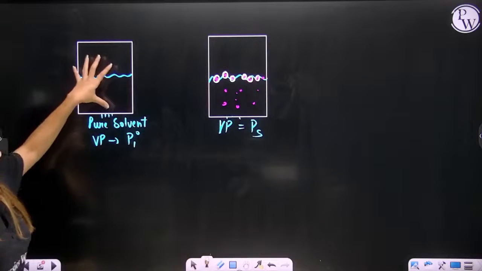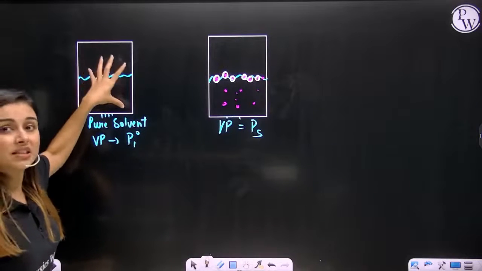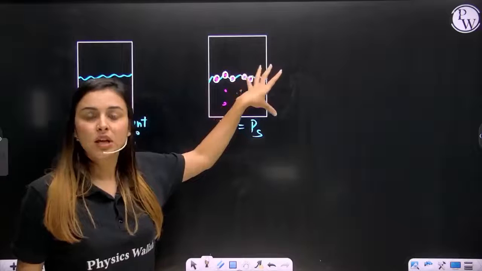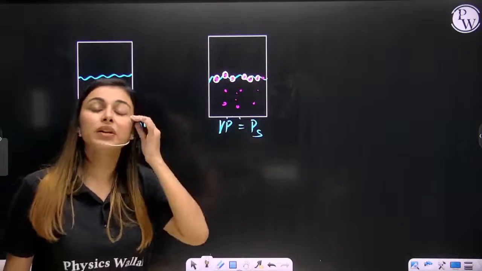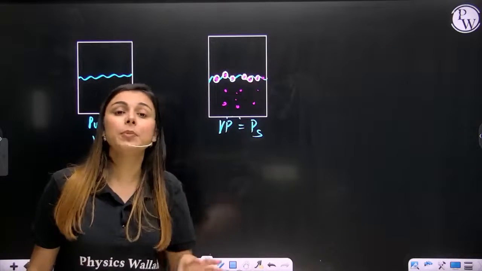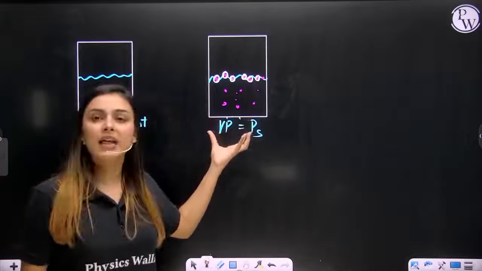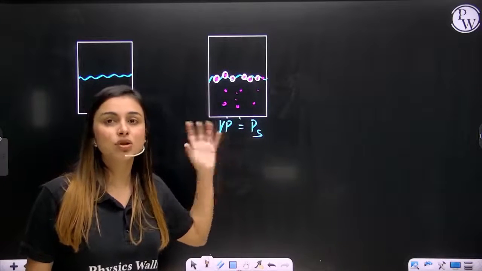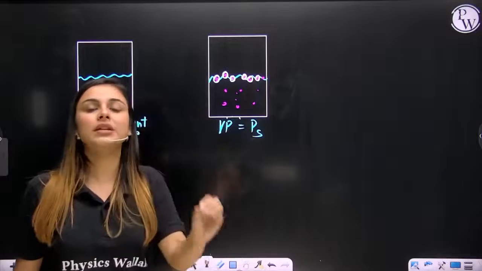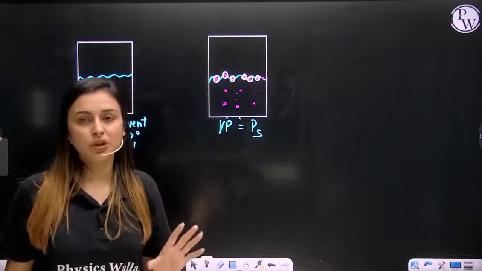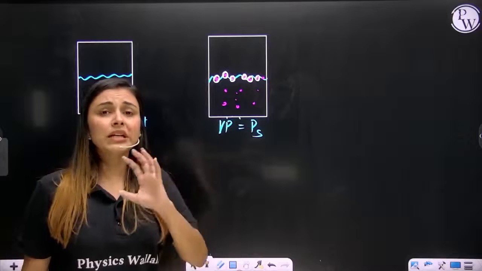So more vapors will be formed here at the same temperature compared to this. So we can say that the vapor pressure for your solvent will always be more than the vapor pressure of your solution at a particular temperature T, as long as you keep the temperature T.